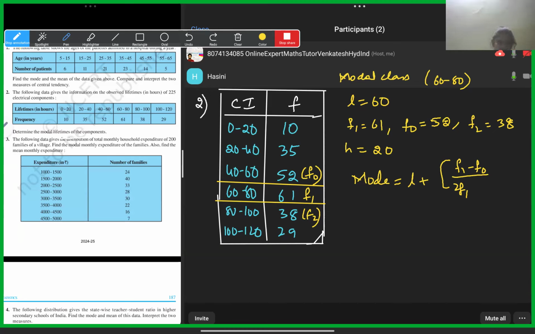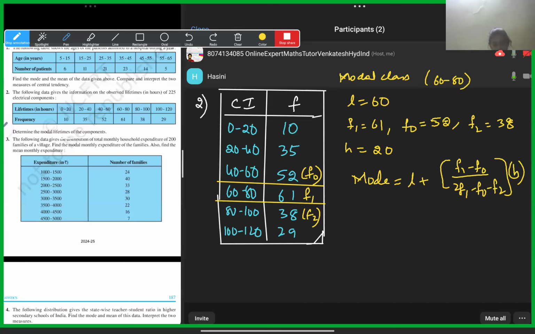Okay, Hasni: F1 minus F0, by 2F1 minus F0 minus F2, into h.